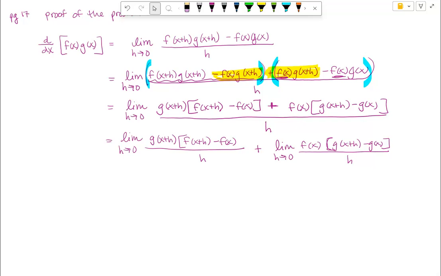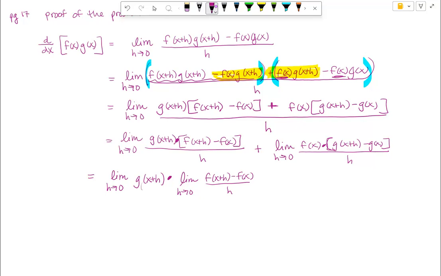And now we can use another limit property, that when we have a limit of products, we could rewrite that as a product of limits. So where we have this multiplication between our GCFs, we could rewrite this. So we essentially will have 4 different limits in this next equation. So I have the limit as h approaches 0 of my GCF, g of x plus h, and I'm multiplying that with the limit as h approaches 0 of f of x plus h minus f of x, all of that over h.